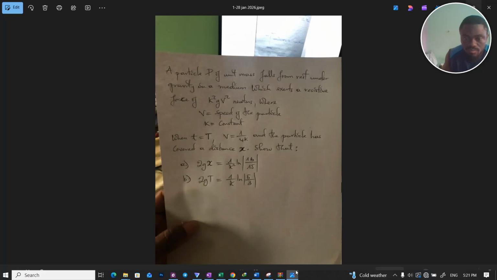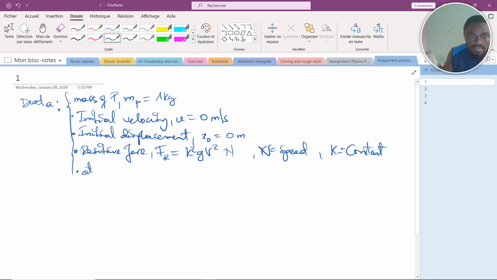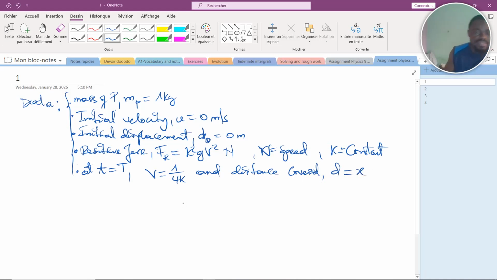So at t equals capital T, the velocity equals 1 on 4k, and the distance covered, let's call this d, will be equal to x.